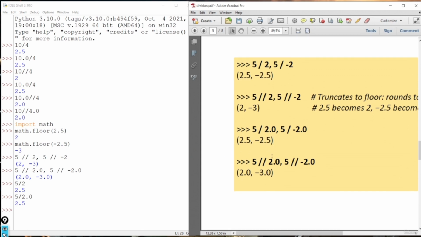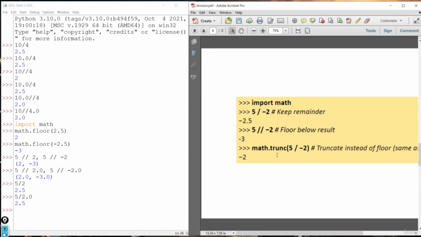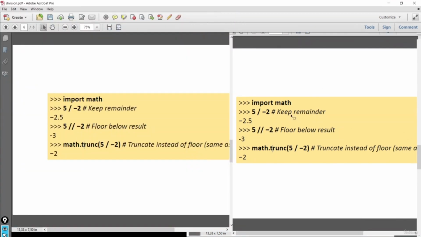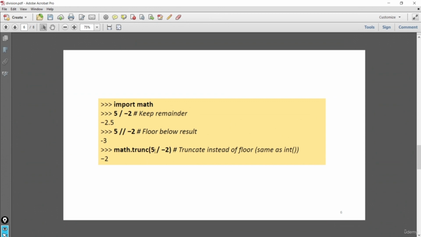Okay, let me go to the next slide. Here again I import the math module. This is classical division, this is floor division. Inside the truncation function I perform classical division, and truncation just removes the fractional part.